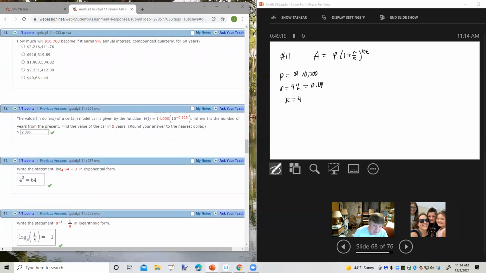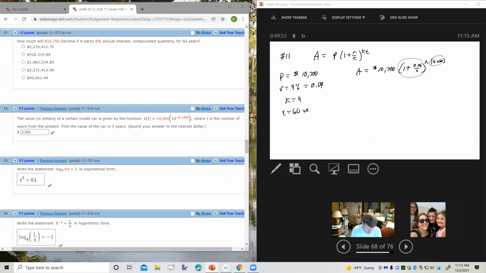Compounded quarterly, so K is 4, and time is 60 years. So A equals 10,700 times 1 plus 0.09/4 raised to the 4 times 60 power. Okay. I could simplify all of this, or I can just do it all at once. I'm going to do it all at once.